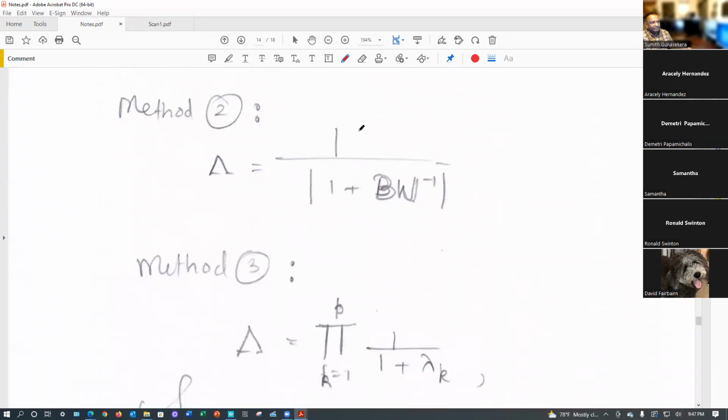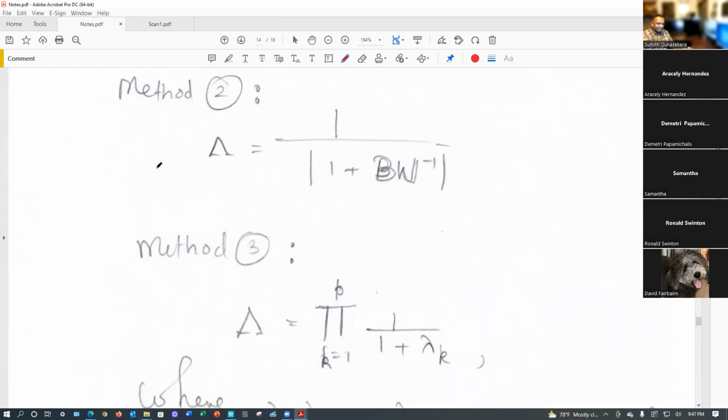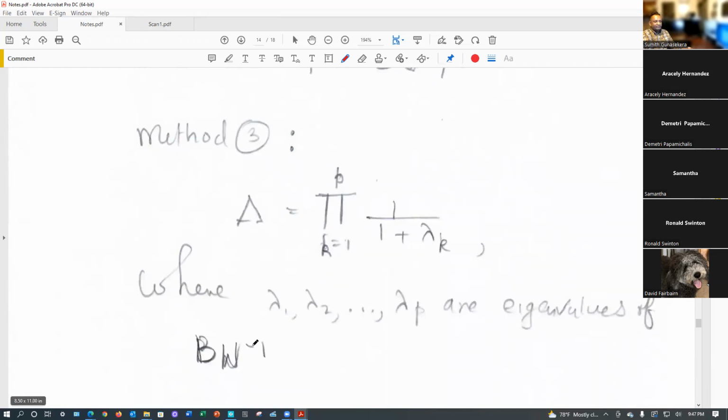Under the second method of finding the Wilks lambda, another way is to get 1 over 1 plus the inverse of the W matrix times the between matrix, take the product, add the 1, and find the absolute value. That gives you the lambda as well. In method 3, you find the eigenvalues.